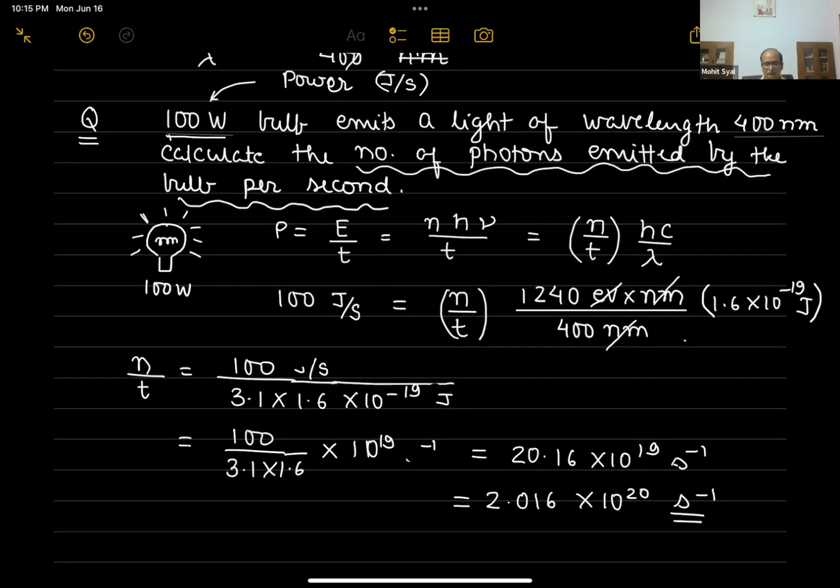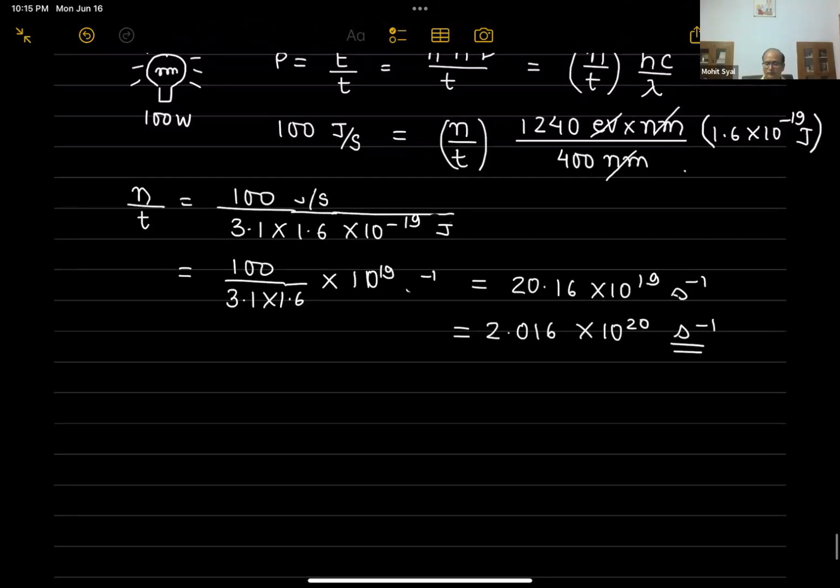Yes, sir. So this is basically the photon theory. Is it clear? As per the photon theory, very important point: the bulb's energy in joules per second divided by the energy of one photon in joules gives that many photons released per second.